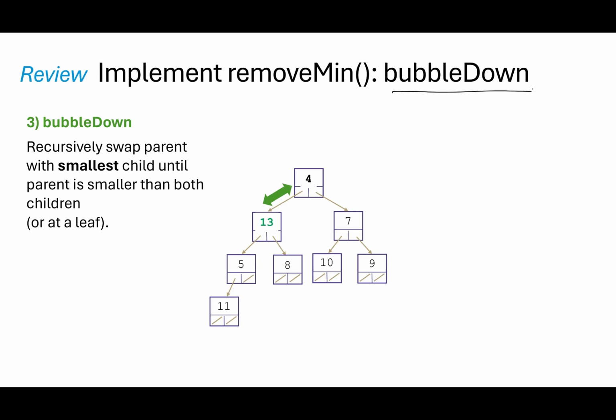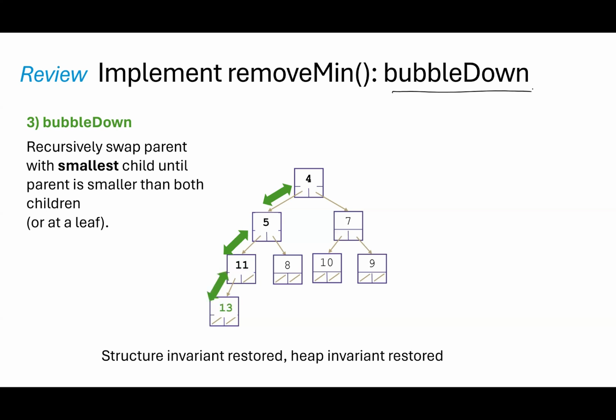Next, 13 is still problematic, right? 13's new children are 5 and 8. And 5 is the smallest, right? So I make a swap. Is 13 still problematic? Yes. So I make a swap between 13 and 11.